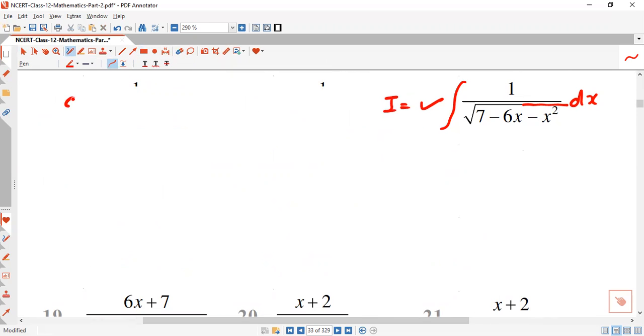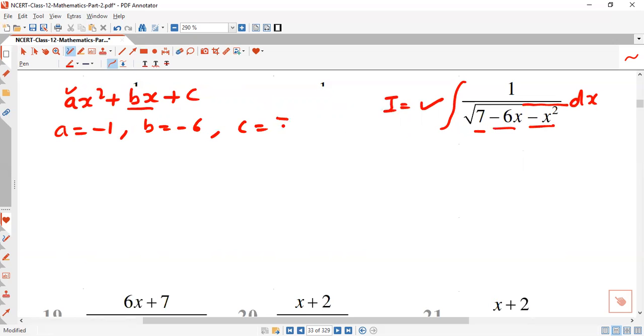Again, we compare with ax square plus bx plus c. The coefficient of x square comes out as minus 1, so a equal to minus 1, b equal to minus 6, and c equal to 7. In all these types of questions, we put x plus b upon 2a equal to t.